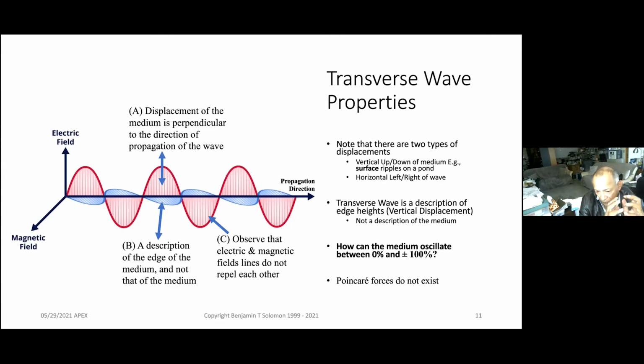And so Poincare put forward a set of theoretical structures explaining why and how the electron structure, or for that matter the proton structure, is stable in spite of these enormous forces. But if you look at the transverse wave, the electric and magnetic field lines are not repulsive, and therefore you don't need Poincare's forces.